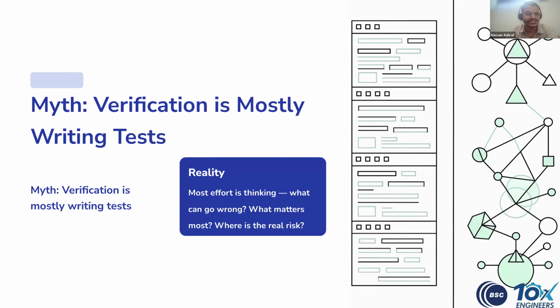As verification engineers, our job is not just to write the test, or the coverage property, assertion or cover point. We have to think what needs to be tested from UVM, what needs to be tested from formal, and what needs to be tested at emulation. So most effort is about thinking.